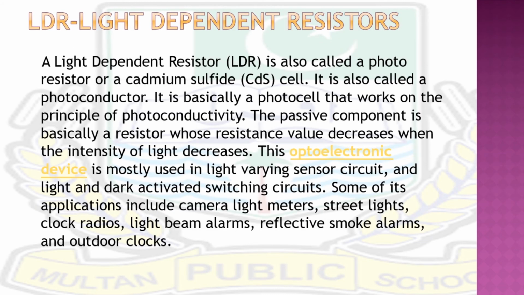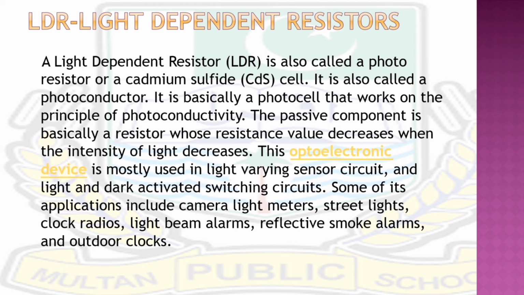Now we want to know about LDRs, or light dependent resistors. So what are these? A light dependent resistor, or LDR, is also called a photoresistor or cadmium sulfide cell. It is also called a photoconductor. It is basically a photocell that works on the principle of photoconductivity.